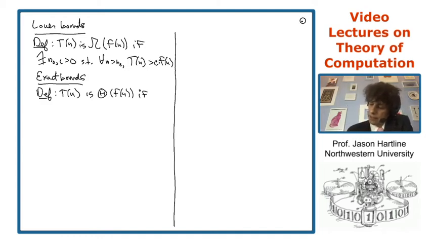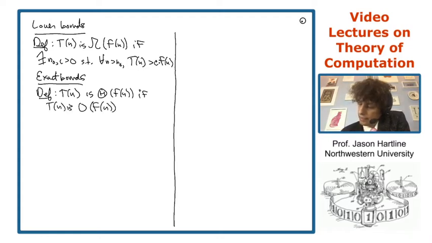So T of n is big theta of f of n if T of n is big O of f of n and T of n is big omega of f of n.